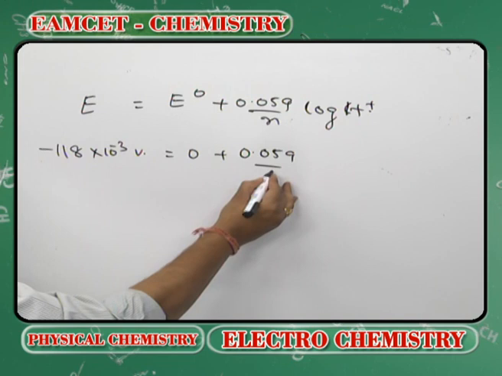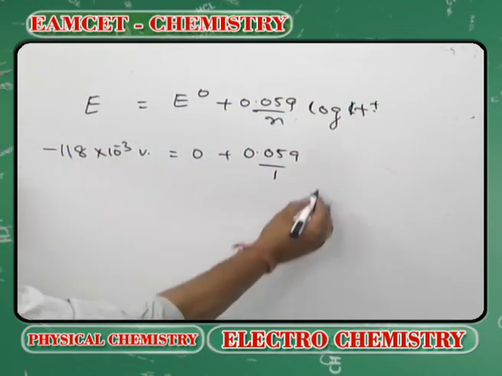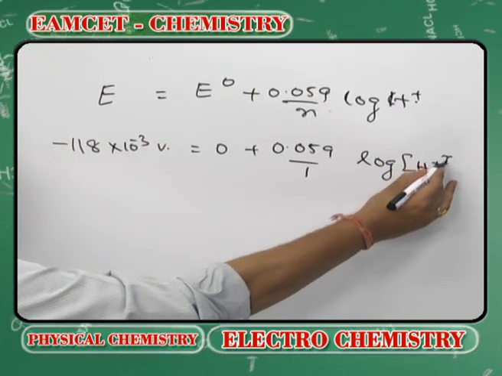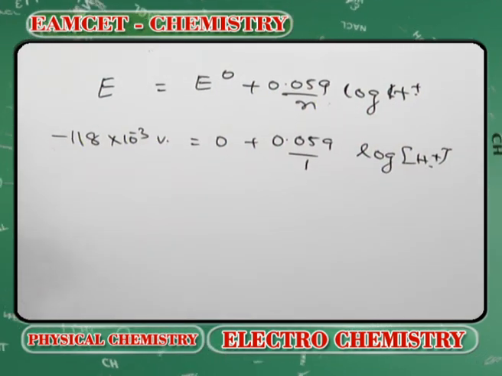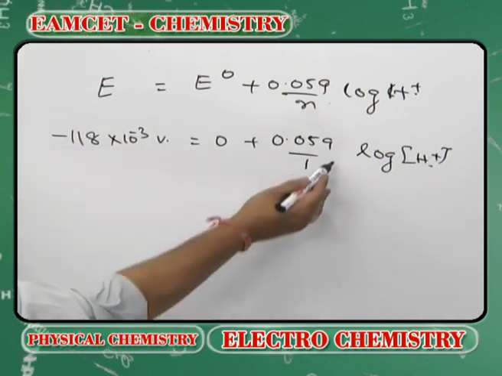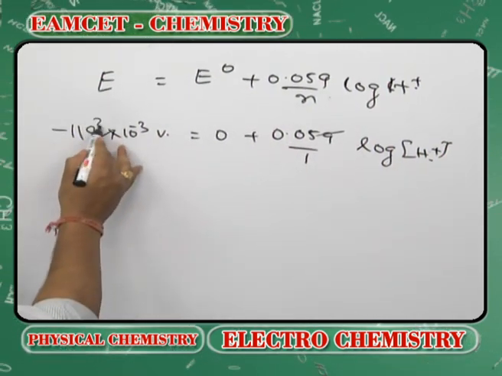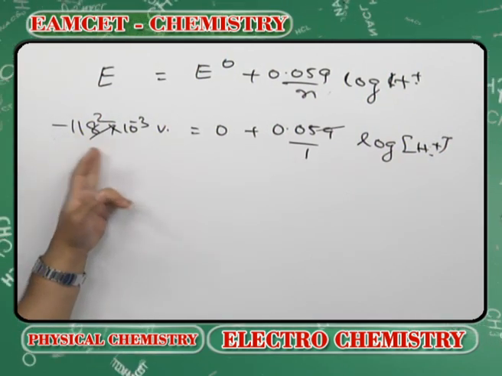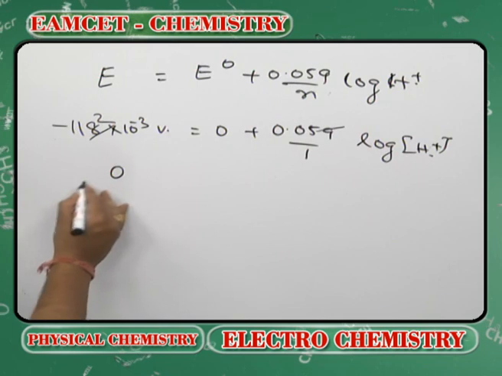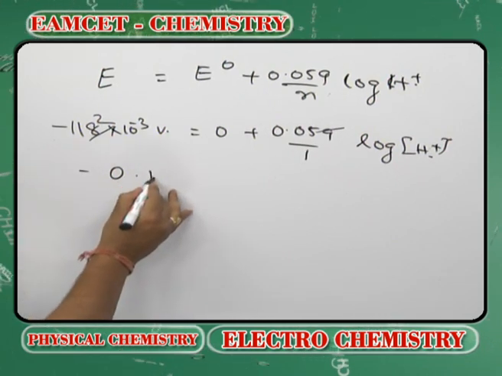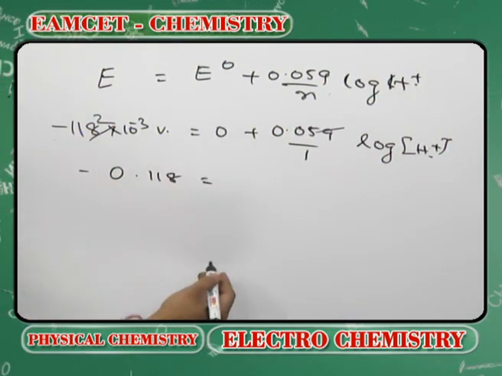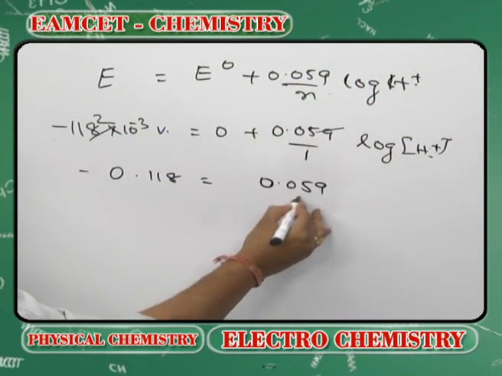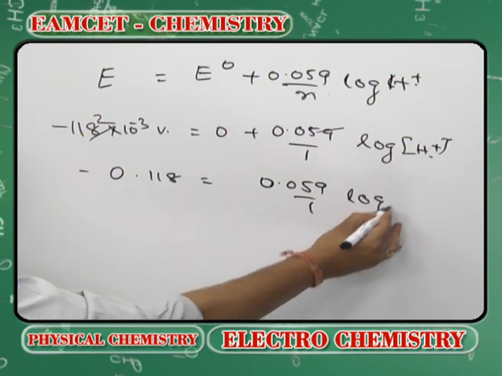0.059 by n, where n is 1, times log H plus. So minus 0.118 is equal to 0.059 by 1 log H plus.